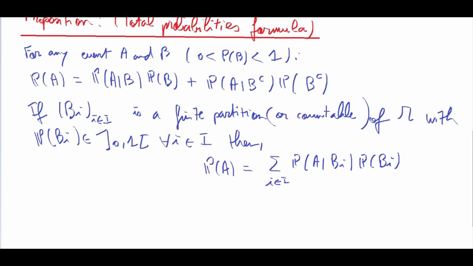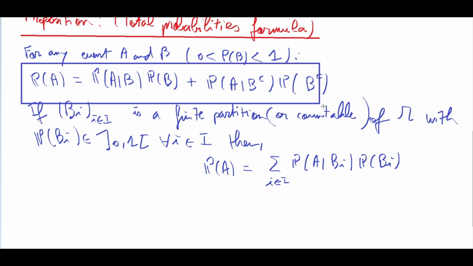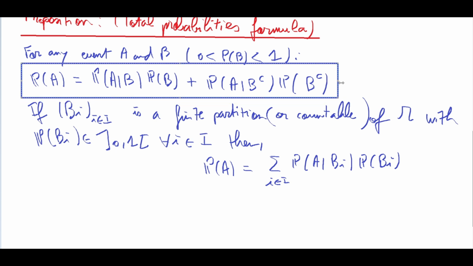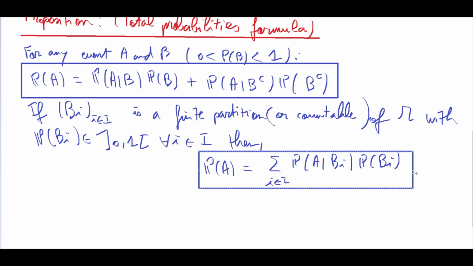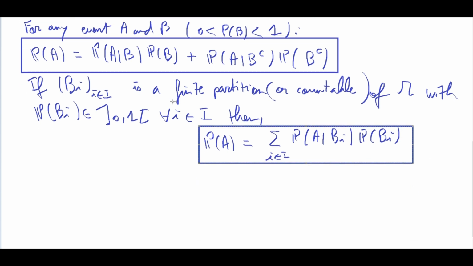This is the total probabilities formula. We have this formula when we have two events, and we also have it for a broader case, a scenario where we have more events.